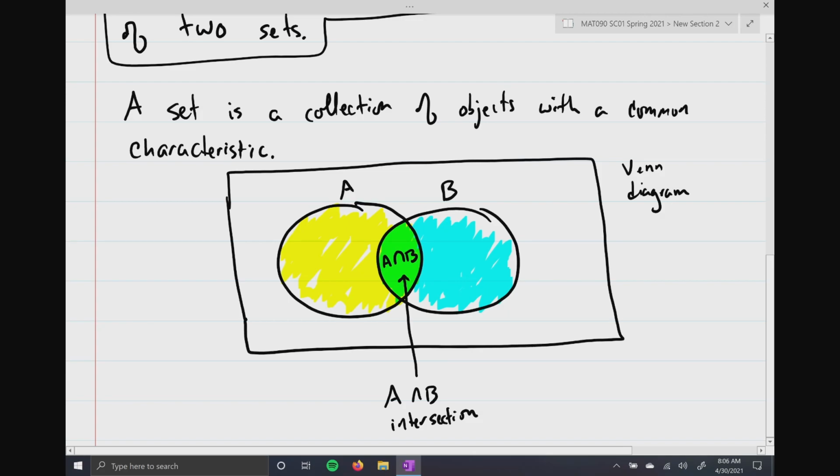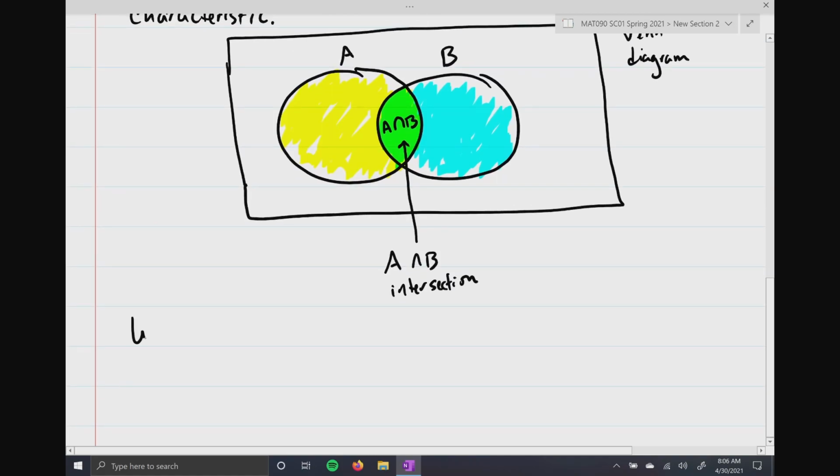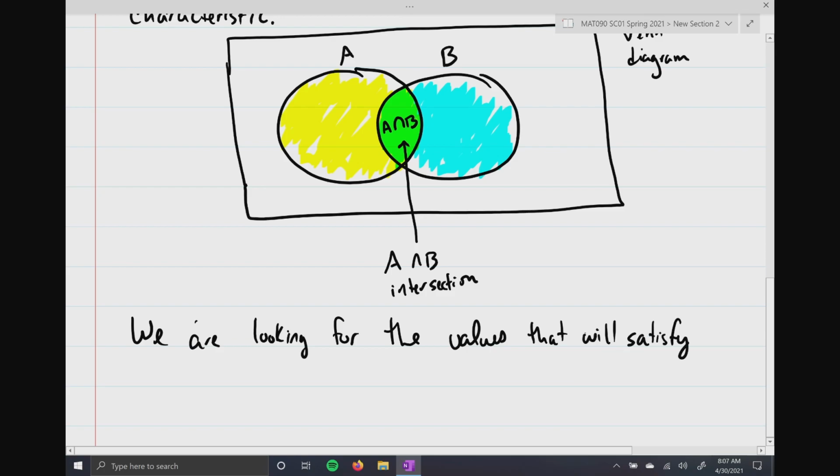So what we're looking for here when we are examining two inequalities combined by the word and is we're looking for the values that will satisfy both inequalities. Okay?